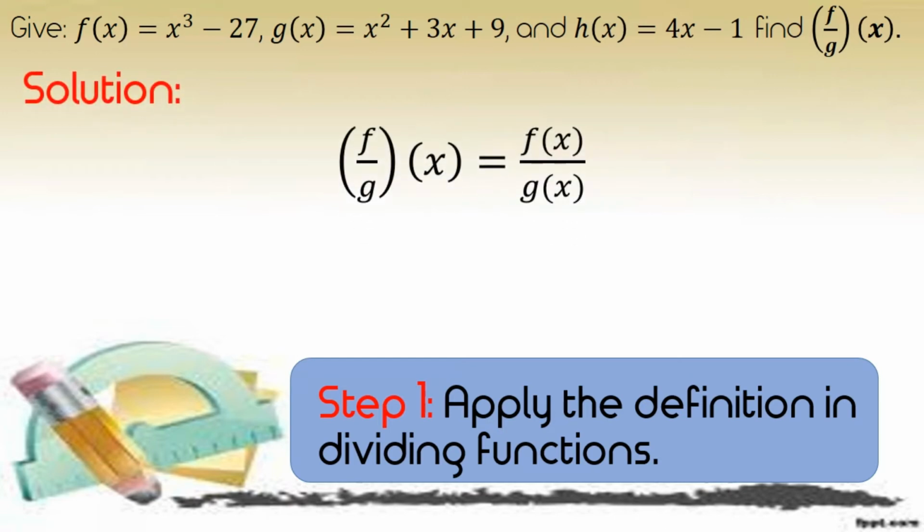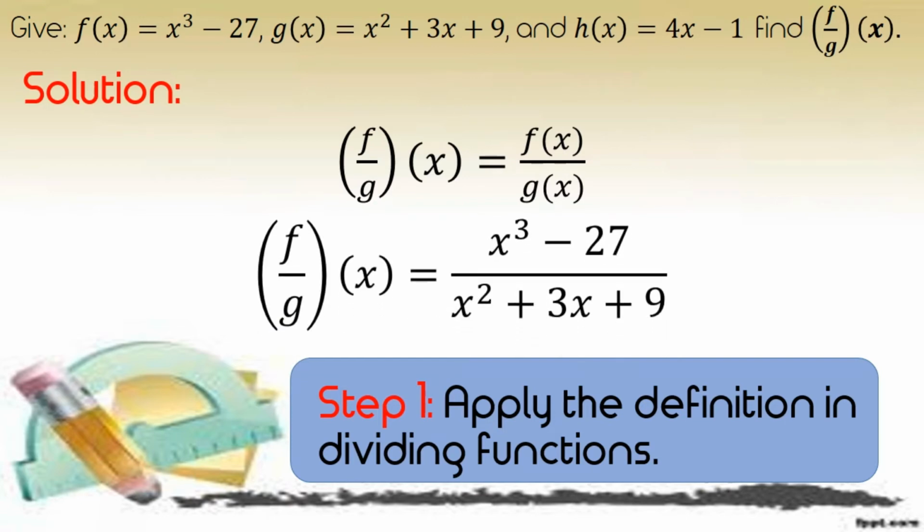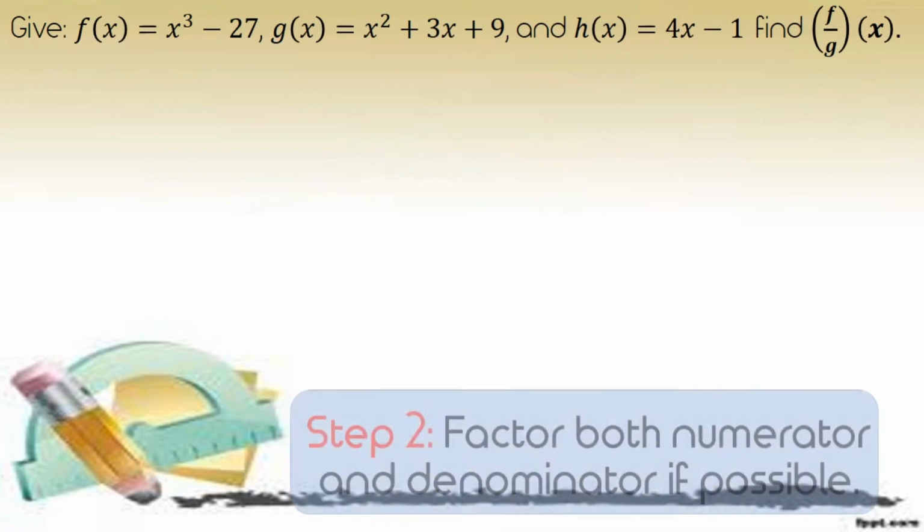And that definition is f over g of x is equivalent to f of x to be divided by g of x. Now we substitute the given values, it will become x cubed minus 27 to be divided by x squared plus 3x plus 9.